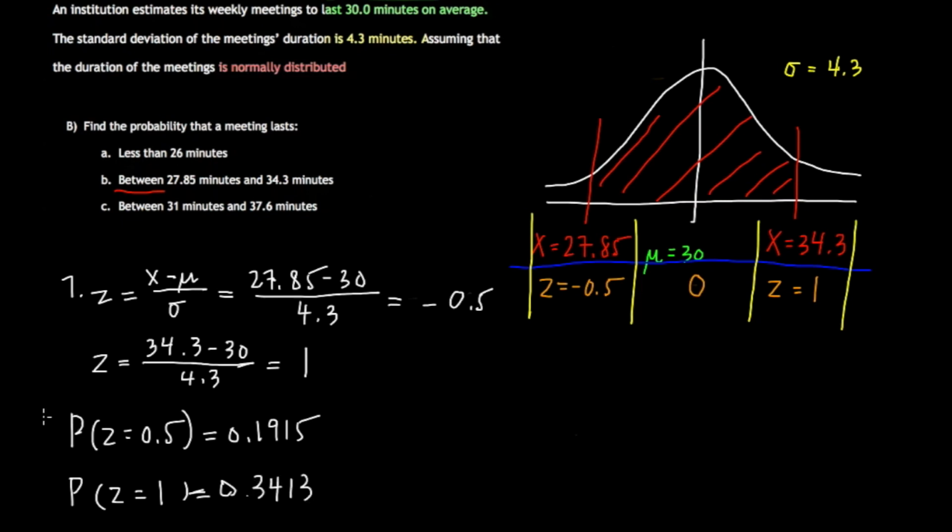Okay, so this is our step 2, was finding our probabilities. And now in our step 3, we're going to solve for the area that we're looking for.